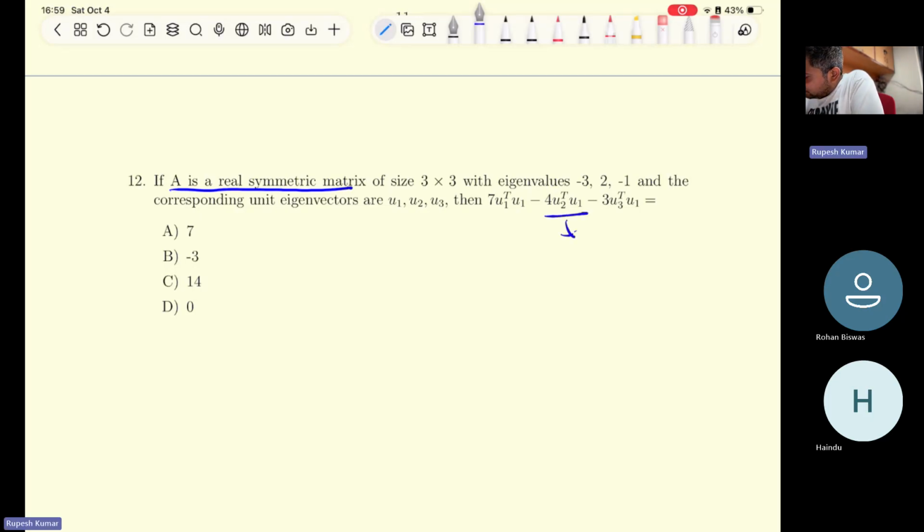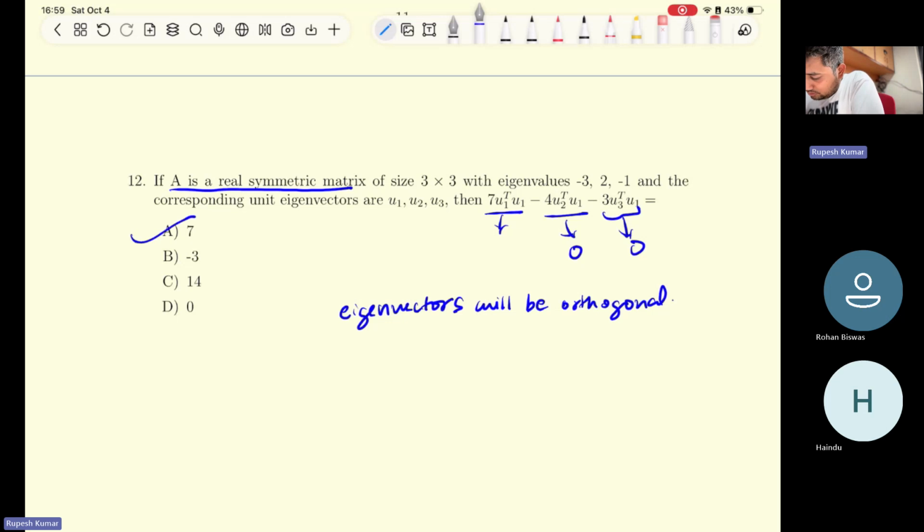U2 dot U1 will be 0, and U3 dot U1 will be 0, because eigenvectors of a symmetric matrix are orthogonal. So 7 only: 7 into U1 transpose U1. What will be this value? 7 only, because that is a unit vector.